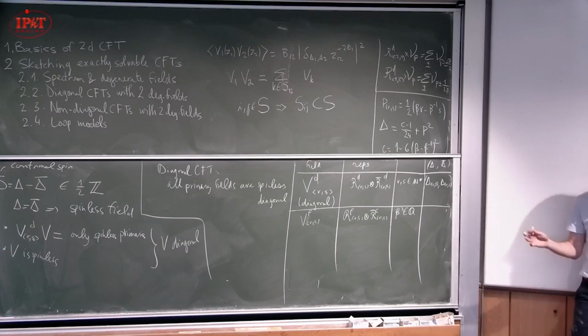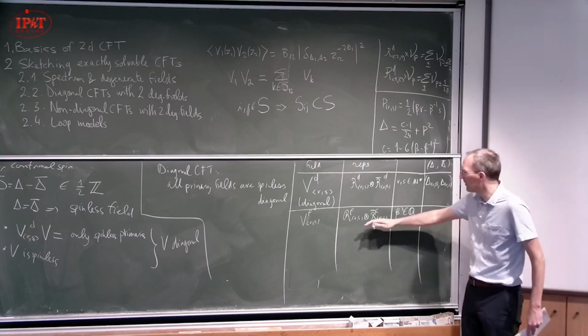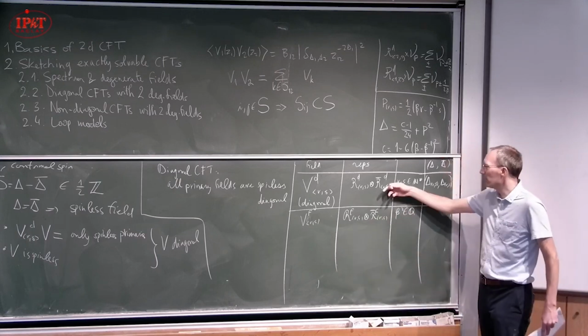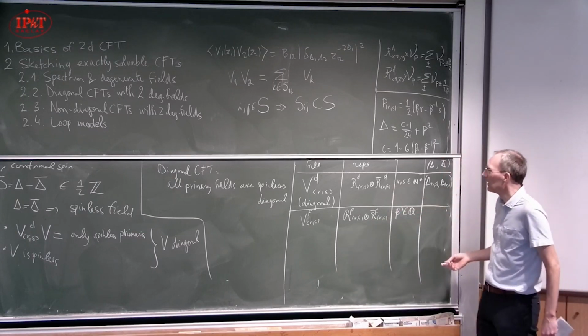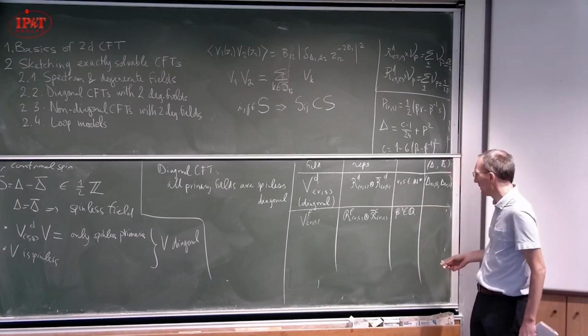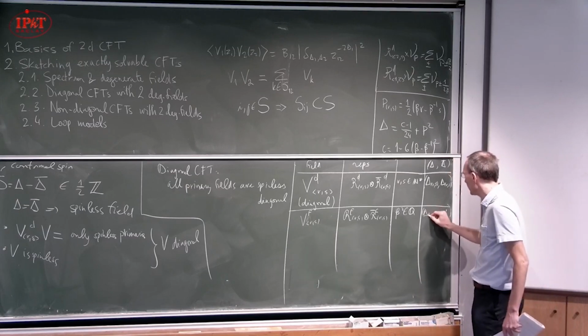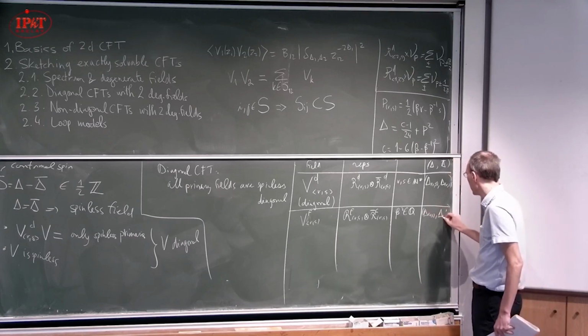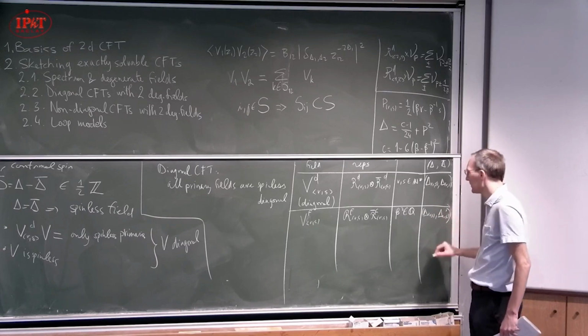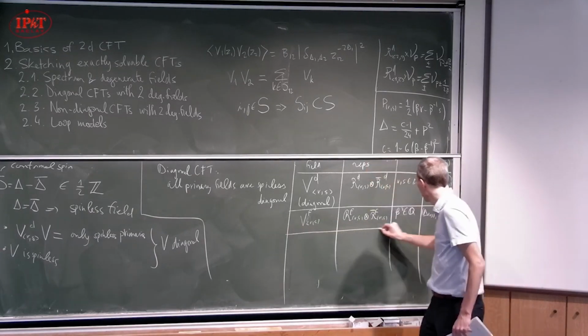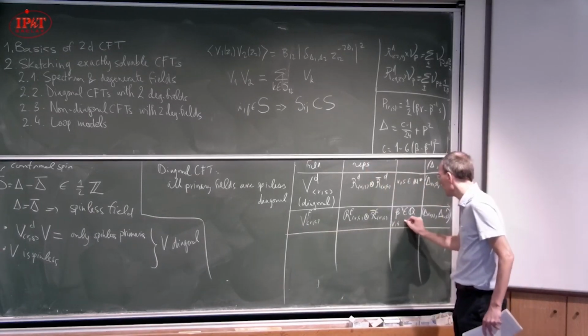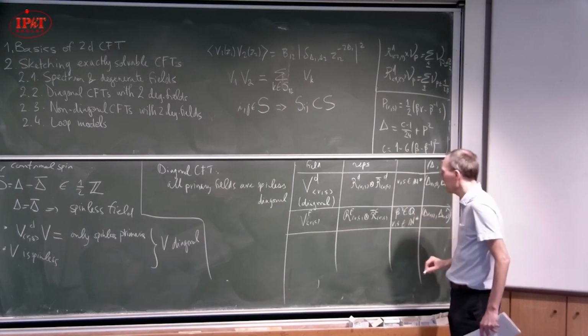So if I have several, I can decide if one of them vanishes or maybe all of them vanish. All of them means it's fully degenerate, but if only one of them vanishes, I have just a degenerate field. Again, the conformal dimensions on the left and on the right are the same, and R and S are still integer.